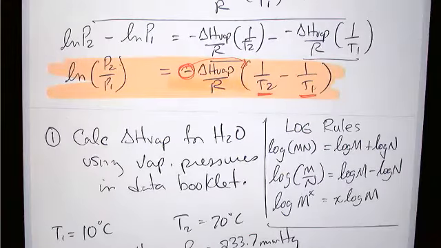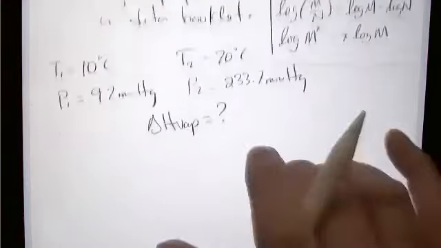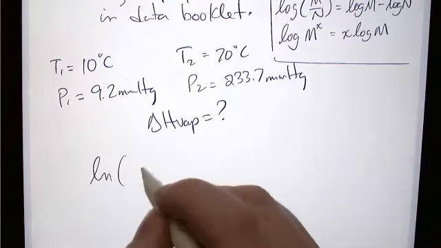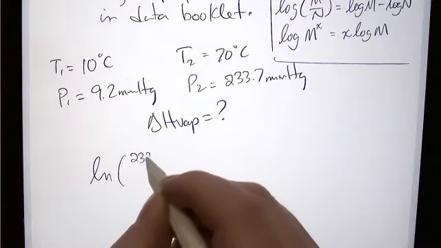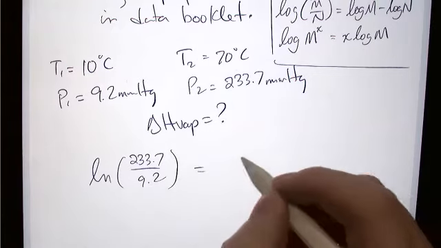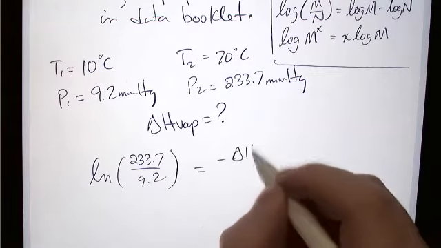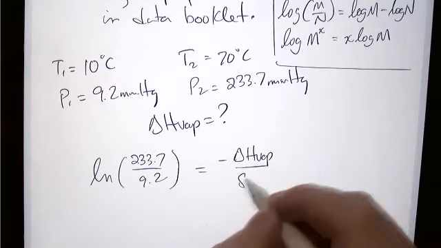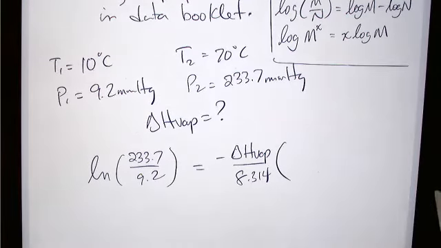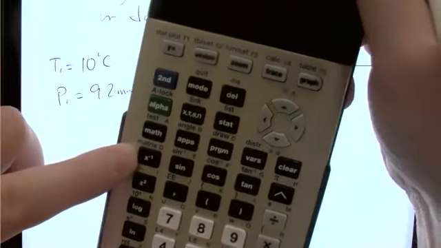So look up at your equation, plug your numbers in. So natural log P2 over P1 equals negative delta H VAP over R times. The graphing calculator has a nice button for doing reciprocals, this little x to the -1 button.